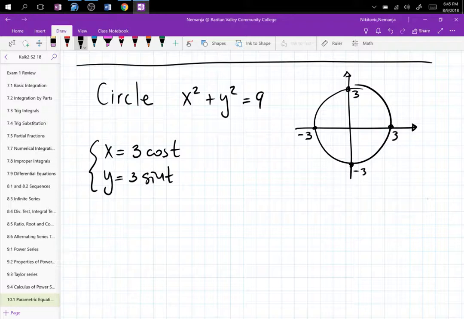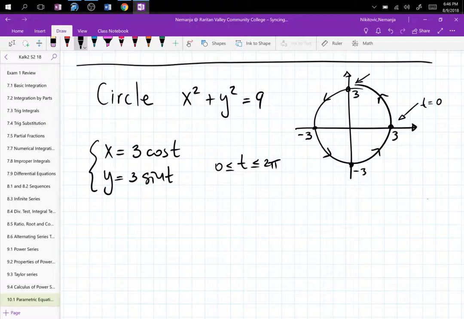So now when you're looking at this circle, we also see that there will be a counterclockwise motion as t grows from 0 to 2 pi. So let's try this. When t is equal to 0, x is 3 and y is 0. Well, that's this point here. So t equals 0 is there. t equals pi over 2. t equals pi. t equals 3 pi over 2.